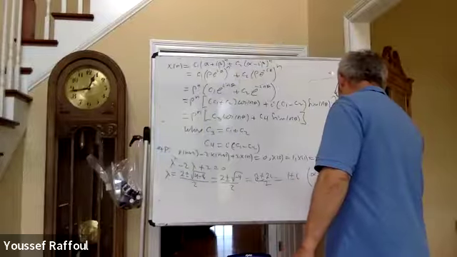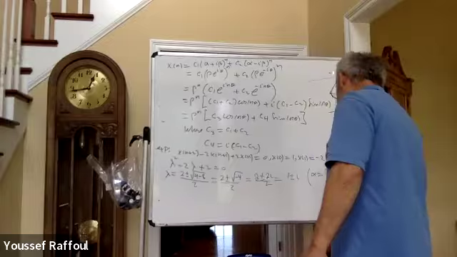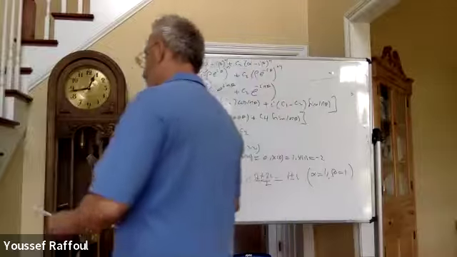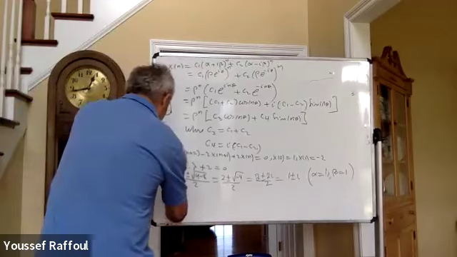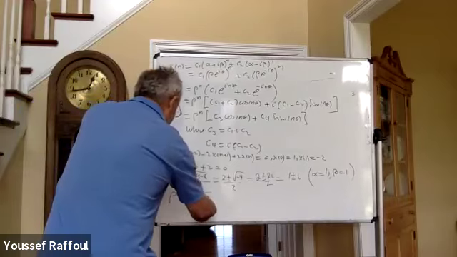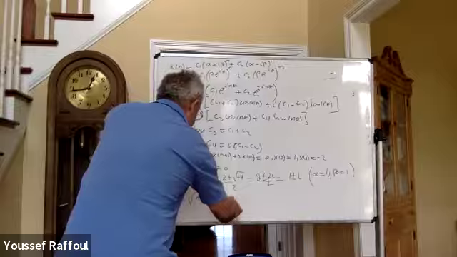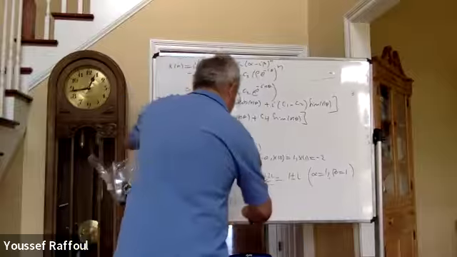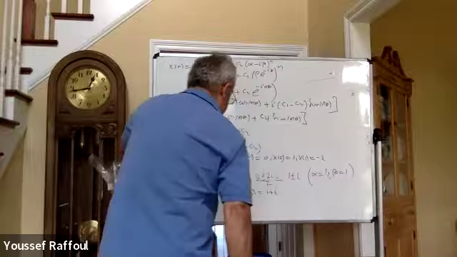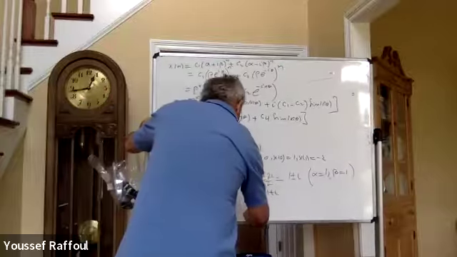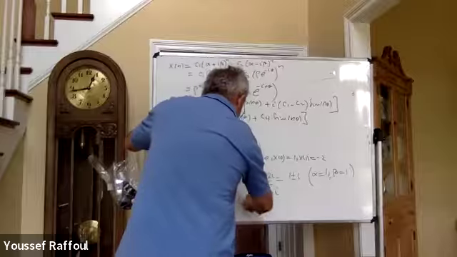So alpha is 1 and beta is 1. So what is rho? The square root of alpha squared plus beta squared, square root of 2. So let's take lambda equal 1 plus i. So what about theta?